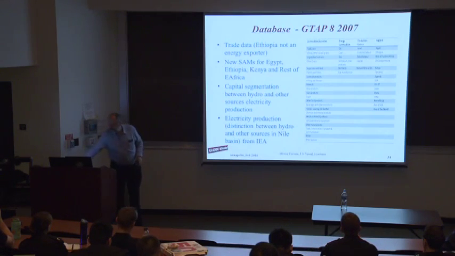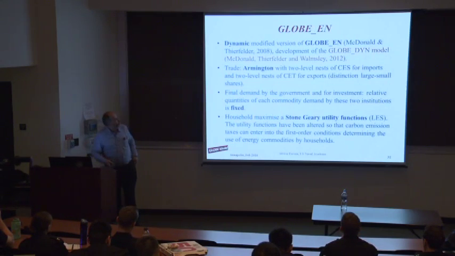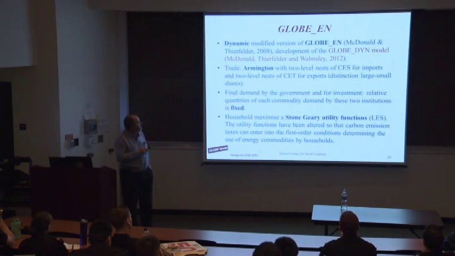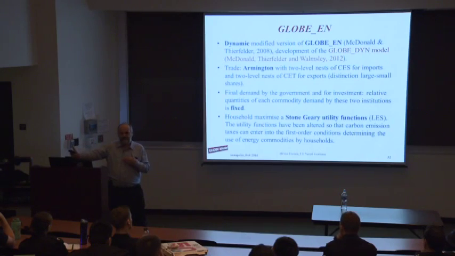Okay. So, we're using a version of the model called Globe Energy. It's actually a model that Karen Thierfelder and myself developed over a number of years, and we've used the dynamic version of it. In other words, we're going to be looking over what happens to this project over a 30-year period.